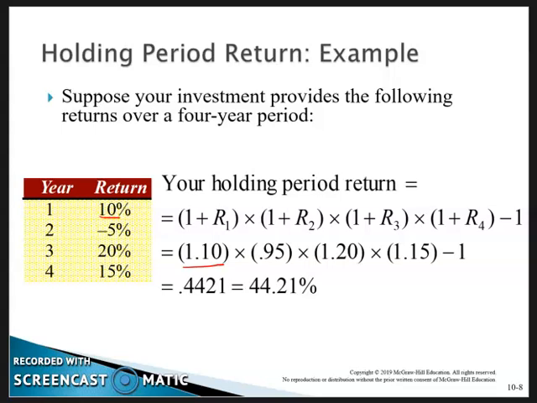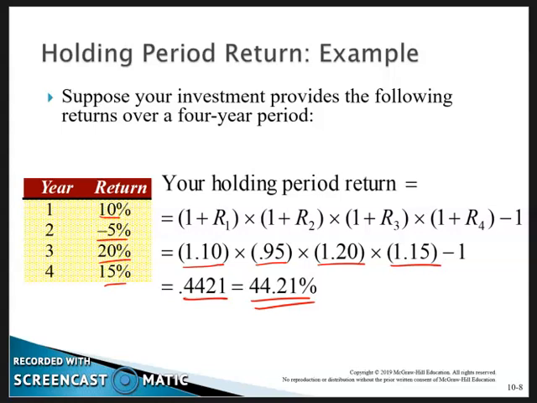The 0.95 is 1 plus the negative 5%. 1.2 is 1 plus the 20%. 1.15 is 1 plus the 15%. Multiply those out, subtract 1, and you get 0.4421, or 44.21%. So that would be your holding period return.